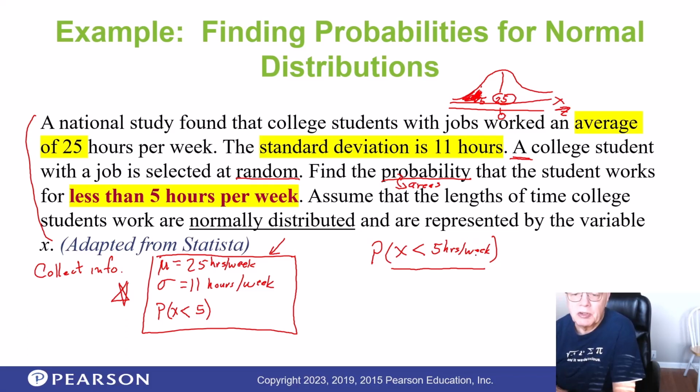So what we're going to do is, as we did in the last section, I'm going to go to normal CDF, and if you've forgotten already, you go to second vars to get to the distribution menu.